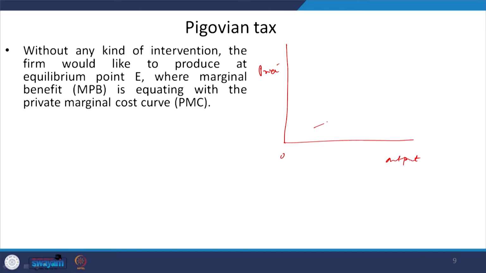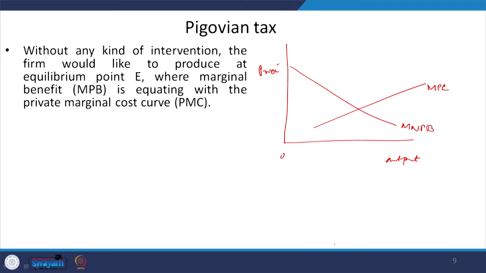So, the marginal private cost, this is the curve, and the marginal net private benefit is also there. Okay.